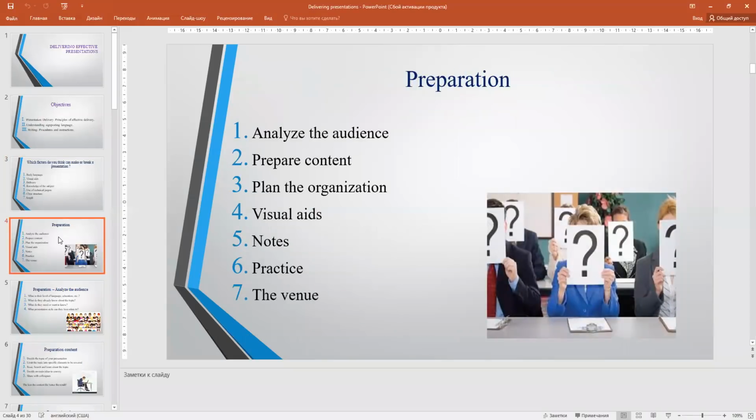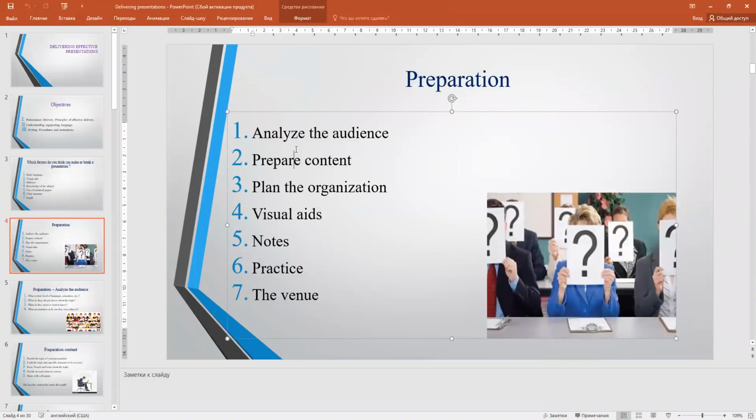And let's talk about preparation. Preparation is also super important when you want to achieve a successful presentation performance. Preparation is a rehearsal, repeating the content of the presentation.